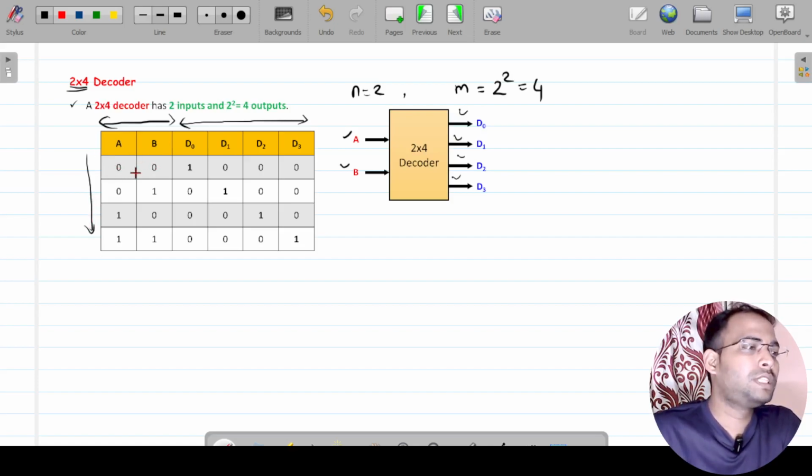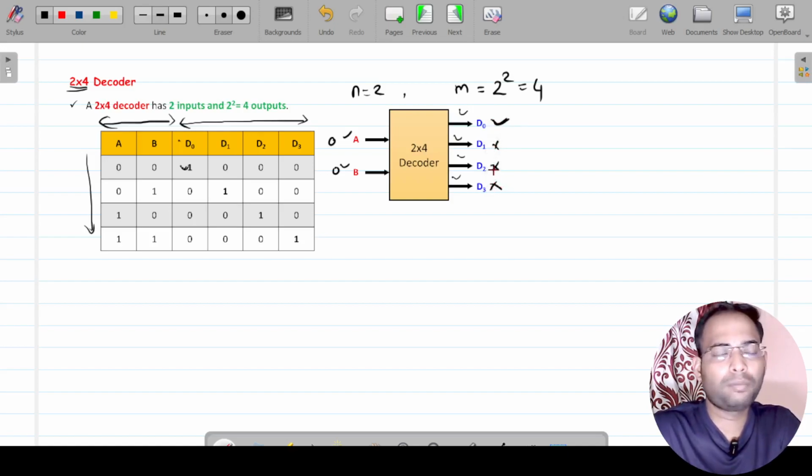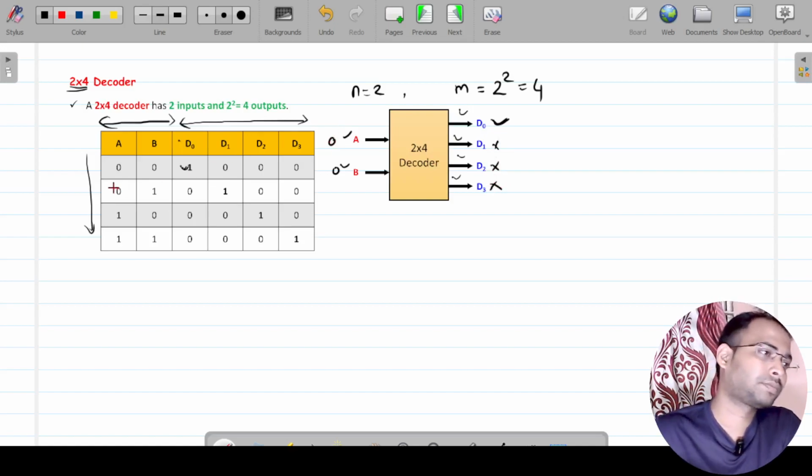Then the output D0 is equal to 1 and the other outputs will be equal to 0. That means if 0 0 is the input, and D0, D1, D2, D3 all have LEDs or lamps connected, then the D0 lamp will glow and all other lamps will remain in the off state.